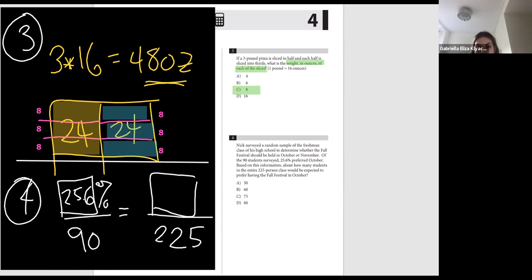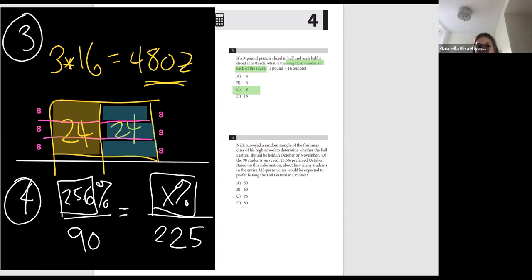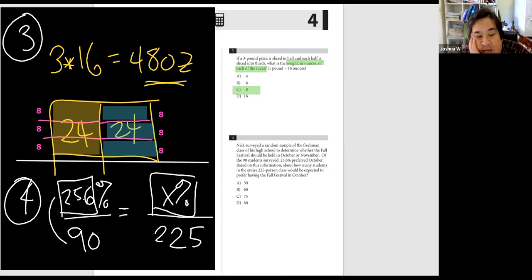Okay. So now we have percents over head count. So then X percent though? Yeah. Or you could find out how many students would be 25.6. That would be correct because you want the head count. So you want a good estimate of how many students out of 90, and then that would be in proportion.